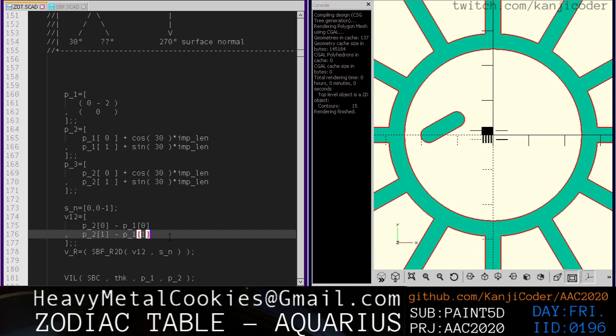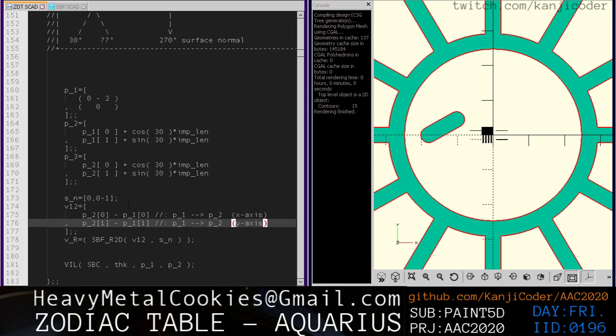Right? So this is P1 to P2, x-axis, right? Because we're using the zeros. And then this is P1 to P2, y-axis, here.